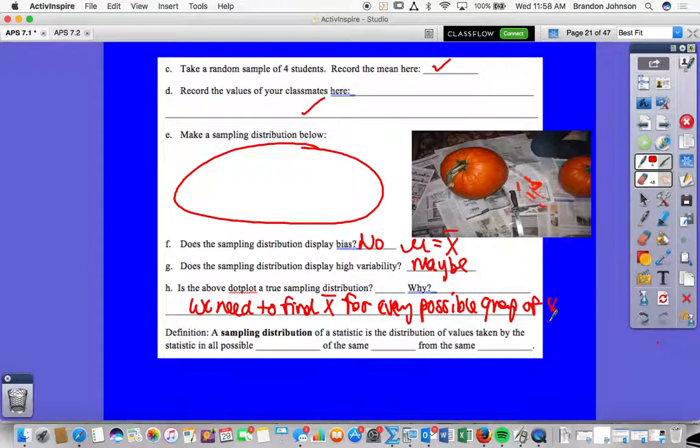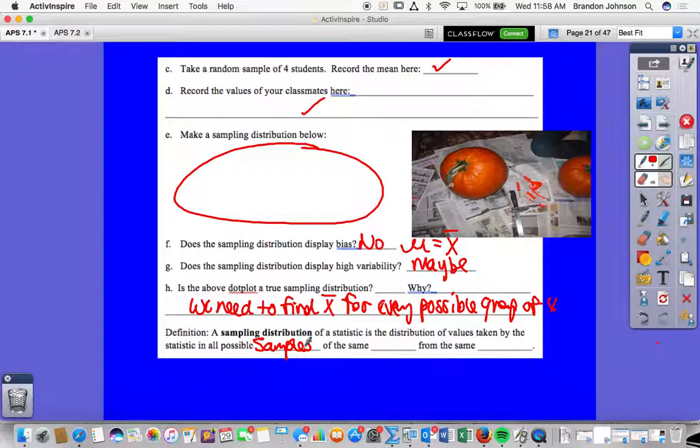We still will call it a sampling distribution, but technicality says you would have to do all of them, and I want to make sure you're careful of that, okay? So the definition is: a sampling distribution of a statistic is the distribution of values taken by the statistic in all possible what? Samples.